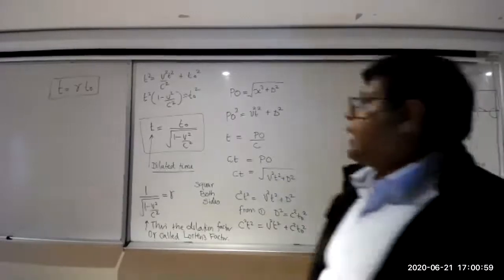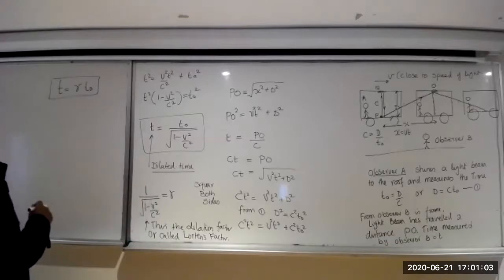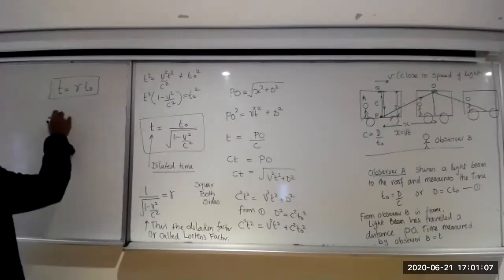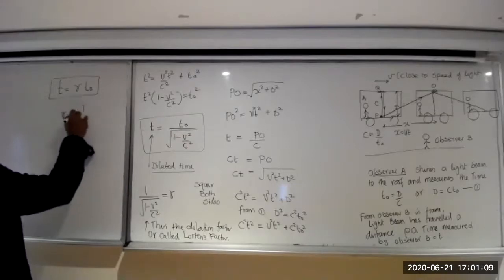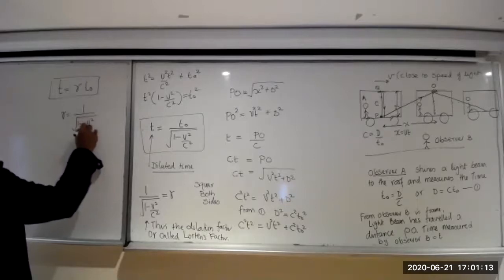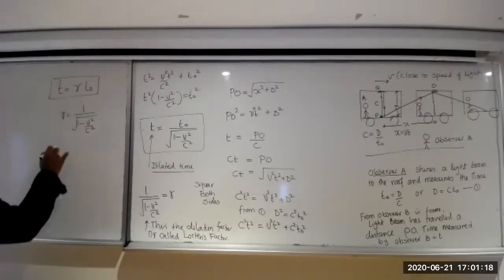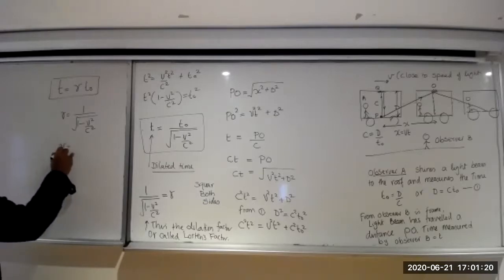You can rearrange that, so if you take the gamma, the gamma is that. If they give gamma, you can find the speed. It's a fraction of the speed of light.